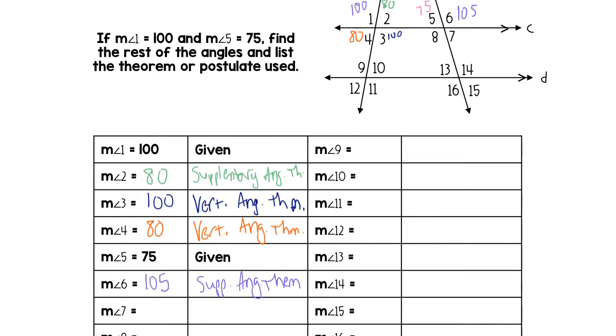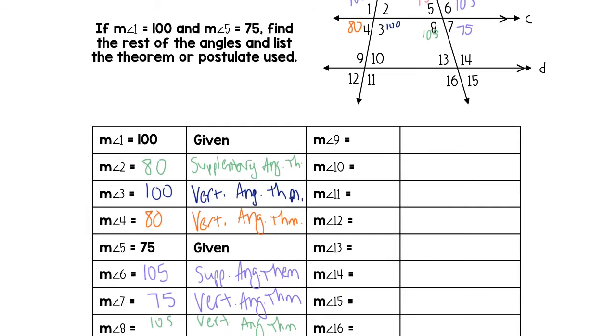Measure of angle 7 is 75 because of the vertical angle theorem, because angle 5 and 7 are vertical angles. Likewise, the measure of angle 8 is 105 because of the vertical angle theorem, because angle 6 and 8 are vertical angles.